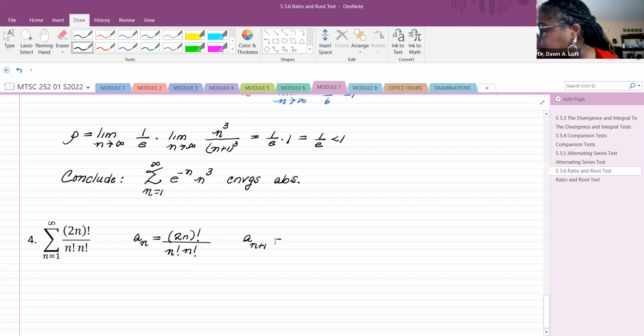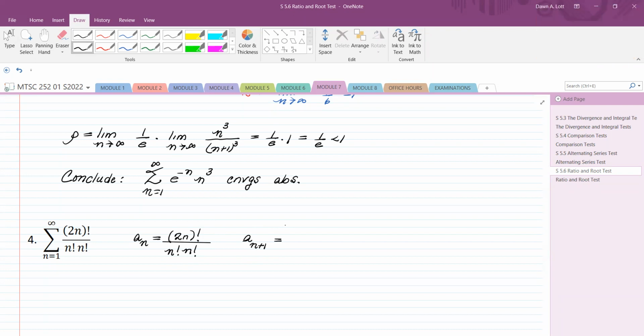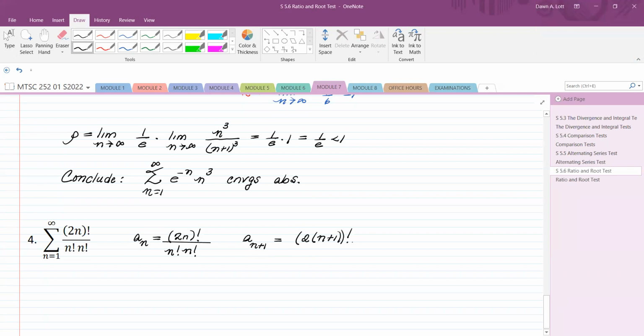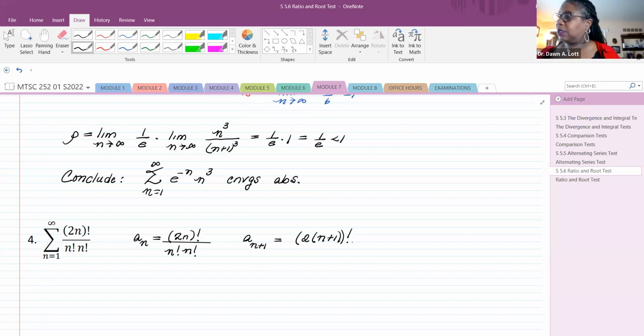a_n plus 1. Now that's a tricky one. What's a_n plus 1? Would it be open parentheses 2 n plus 1 close parentheses factorial? Okay, I need another parentheses there. You see that? Yes. Okay, 2 has to multiply n plus 1. Okay, keep going.